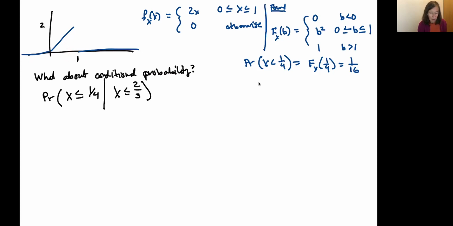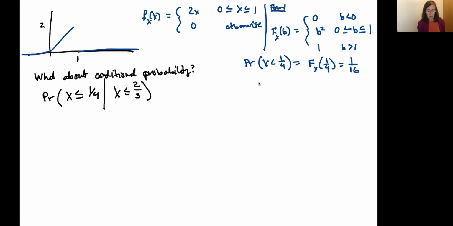We know that x is below 2/3. Can we update our probability about the likelihood that it would be less than 1/4 given this new information? A good thing to do when you are thinking about contrasting unconditional probability with a conditional probability is it's a good time to touch base with your intuition.